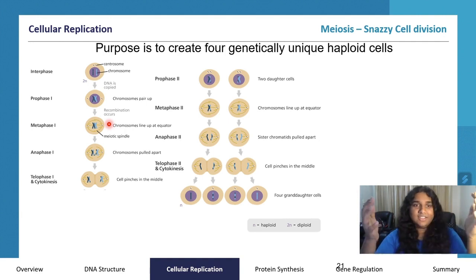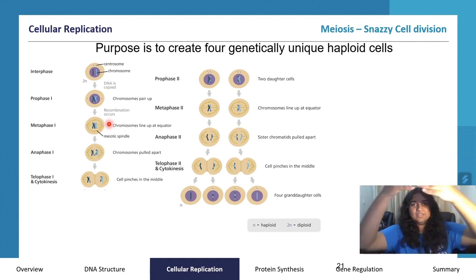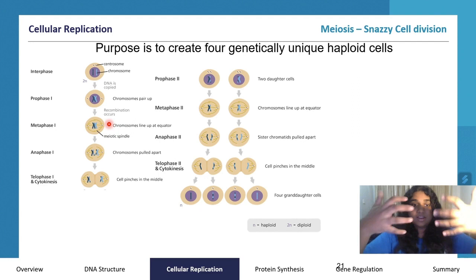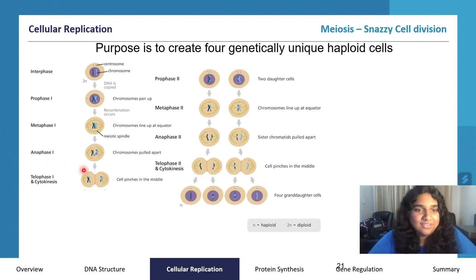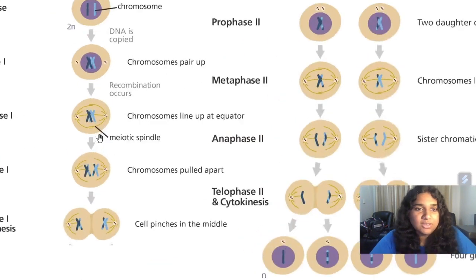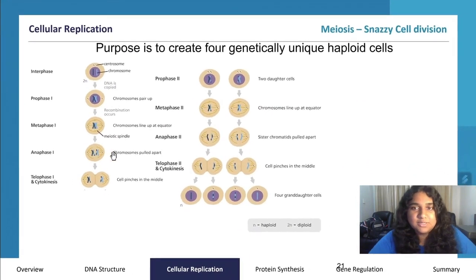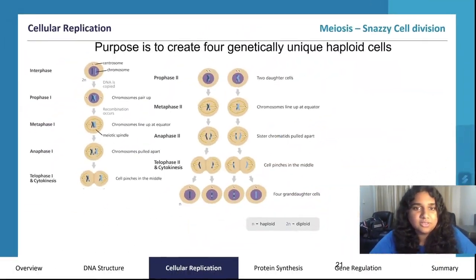But instead of the chromosomes forming one underneath each other, homologous chromosomes, so chromosomes that are of the same size, will line up next to each other, and anaphase will pull apart an entire chromosome to the pole of the cell.